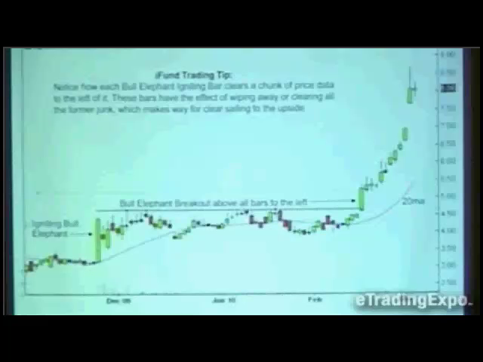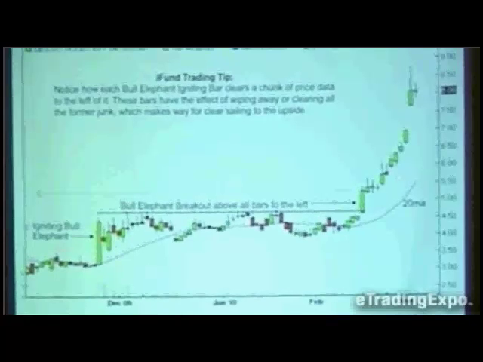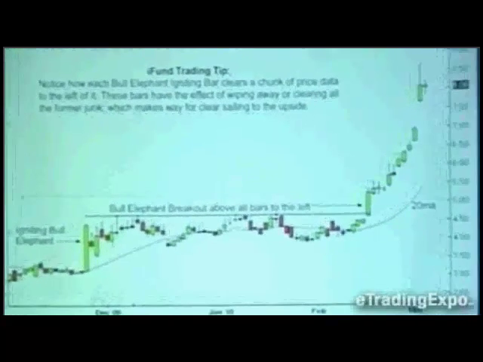And if it's all by its lonesome, the next bar that takes out the high of that single red bar, they add. So do you understand the three buy points here? Buy one, buy bull elephant bar two, buy RBI, add RBI. Got it? All right, fantastic.